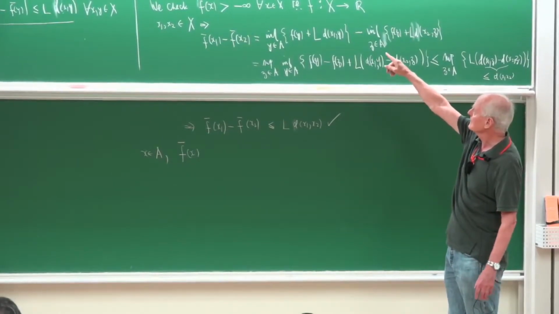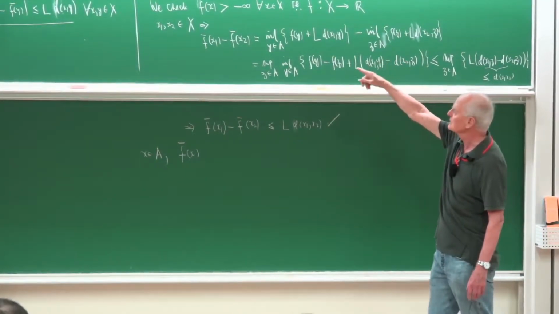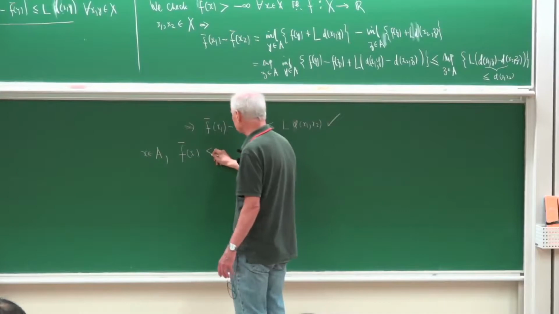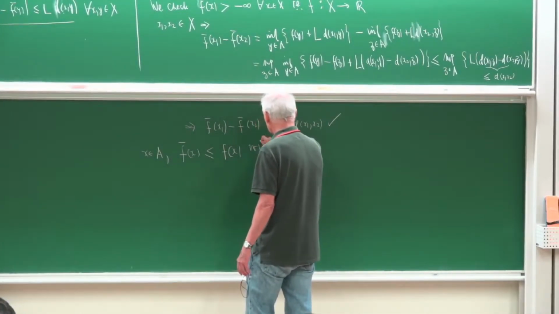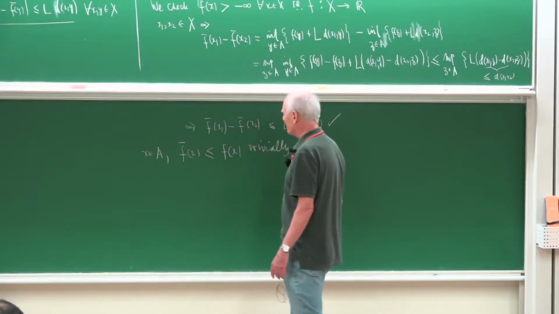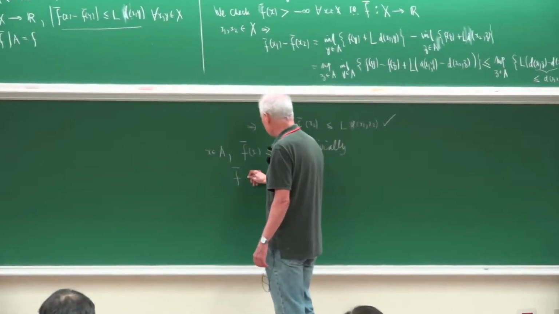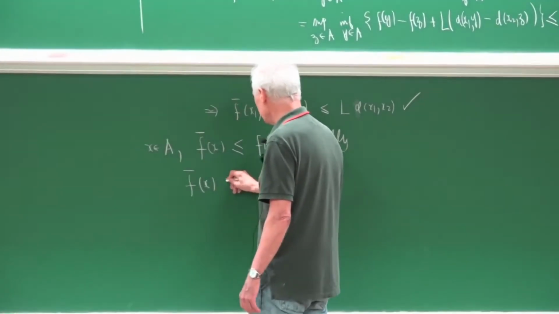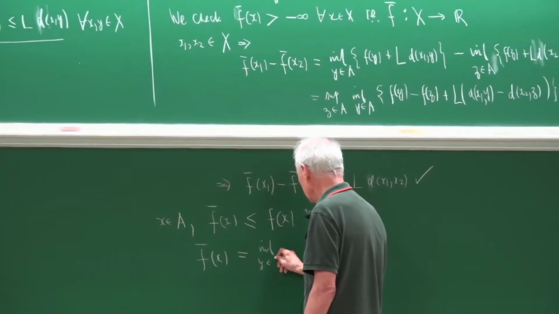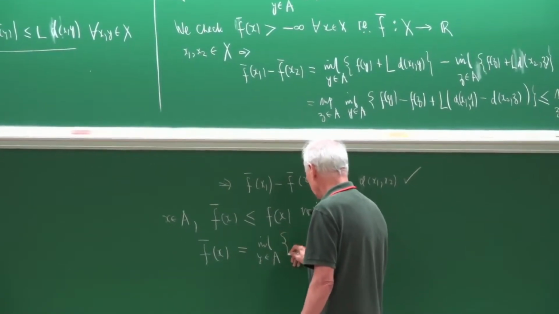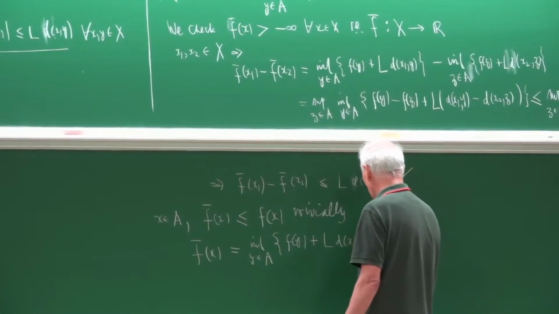And then the second term cancels out because d(x, x) is 0 in that case. So you simply get that f bar x is less than or equal to fx, trivially. So that's no problem. But now we want to prove the reverse inequality. So let's try that. f bar x is equal to this inf of fy plus L times d(x, y).